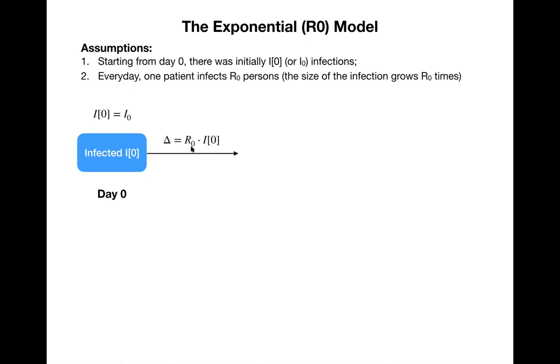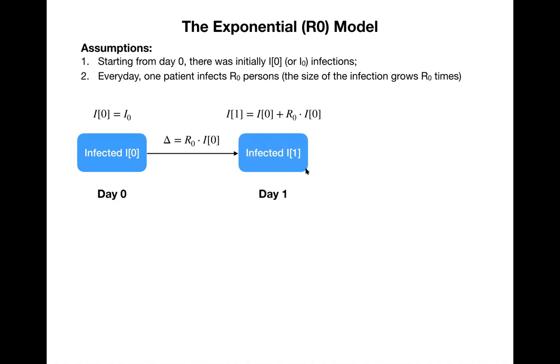It's called R0. So at day 0, how many new patients are created? That's R0 times the existing patients, right? So you add this term to I0, and that's the number of patients infected in day 1. So day 1 equals day 0 plus R0 times day 0, right?